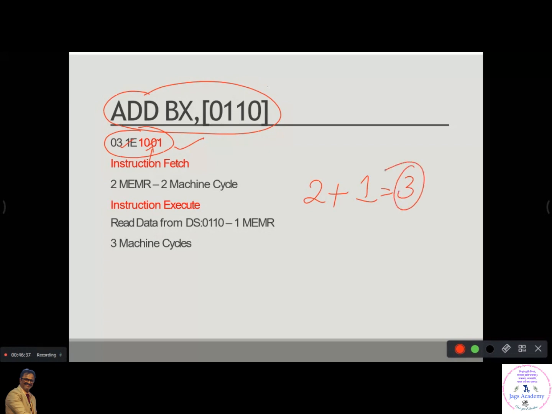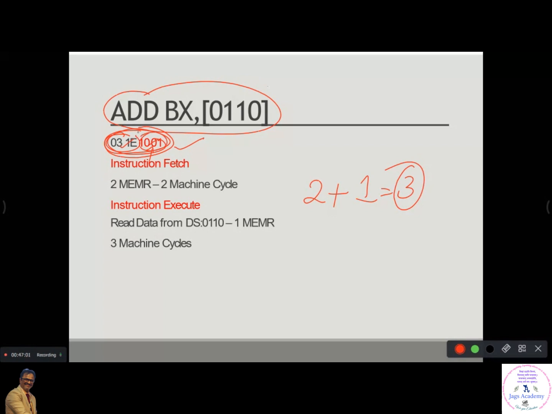You just have to remember that however many times it takes data from the memory and puts data into the memory, each is 1 machine cycle only. So this instruction is now 32-bit in total, yes or no? This is 16, this is 16, right?